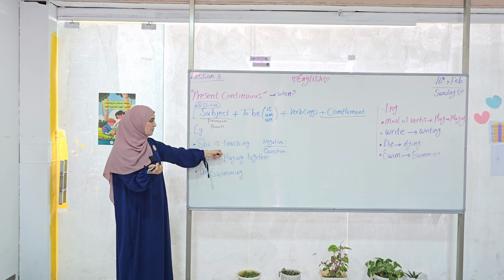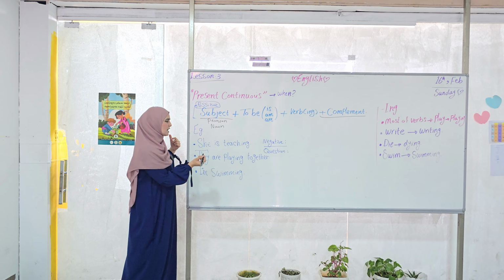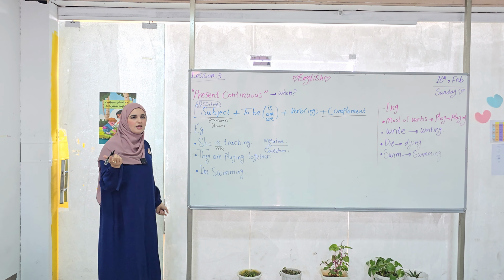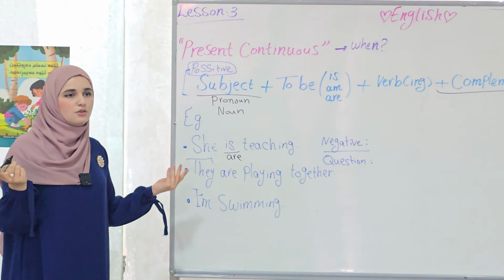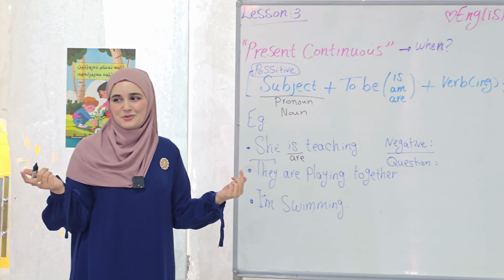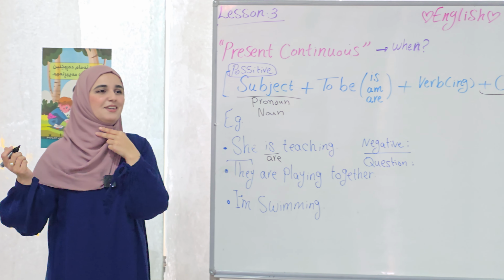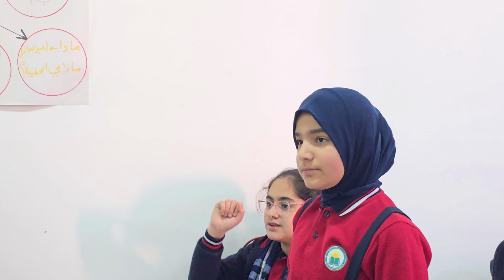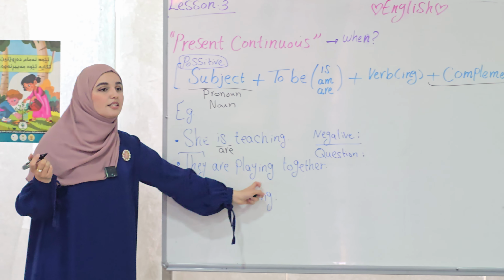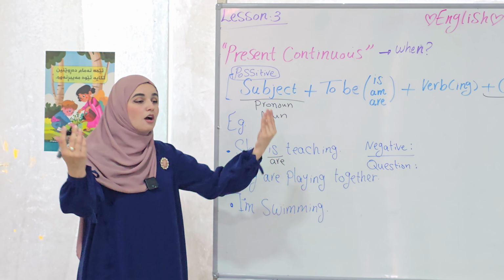She is teaching. Why can't we use are with she? Can someone explain that? Why can't we say she are teaching? It's kind of funny, right? Yeah, we have she, and she is a singular pronoun. Very good. Then another example is they are playing together.